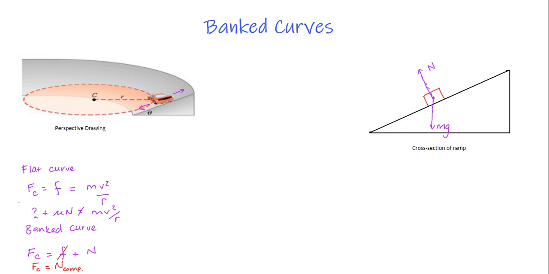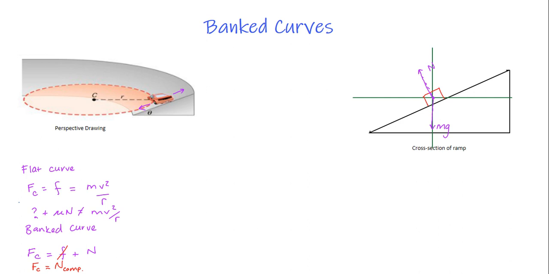Now the next thing I'm going to tell you is that we're not going to make the horizontal axis, or the x-axis, point along the ramp and the y-axis point perpendicular to the ramp. The reason being is that this is not an object sliding up and down the ramp. Right now we're saying it's fixed and it's just going around in a circle, so it's not moving up or down. Because of that, I'm making some axes, and I'm going to leave my axes in the traditional form just like this.